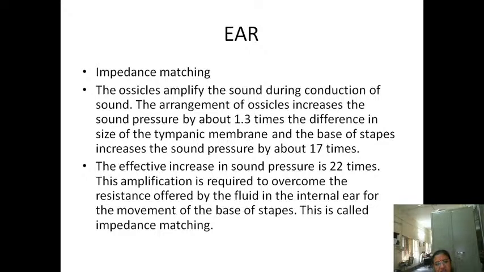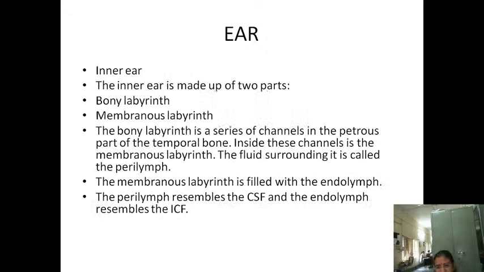So when you make a sound, it is transmitted to the perilymph and endolymph. When the perilymph and endolymph receive these sound waves, the basilar membrane is set into motion, and it helps to hear.